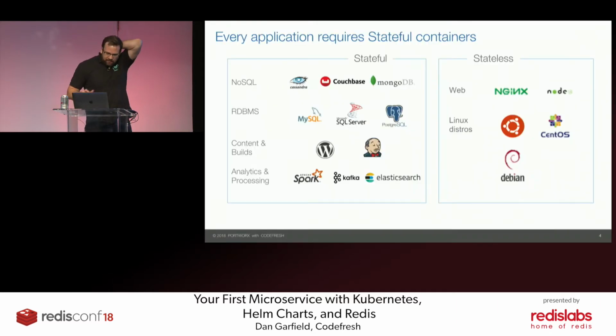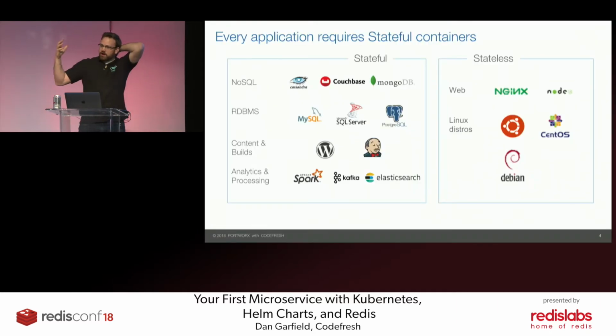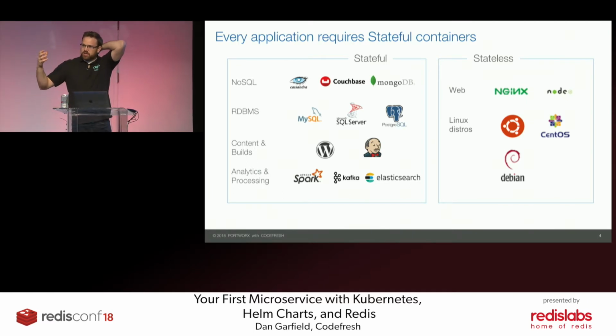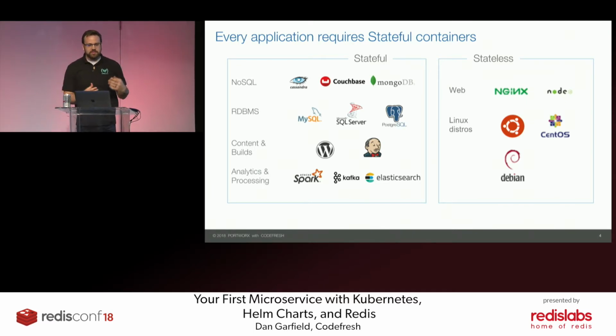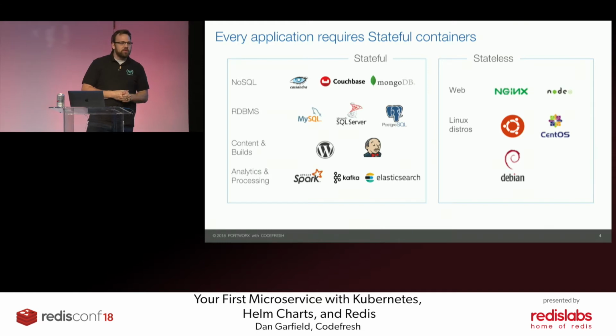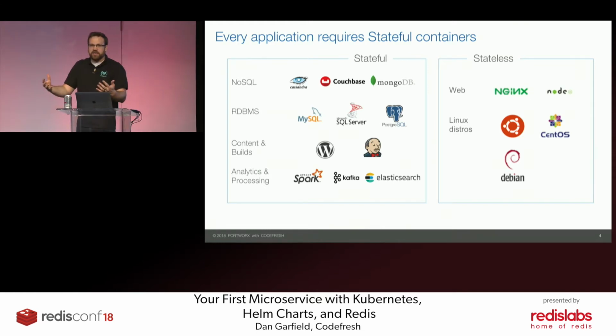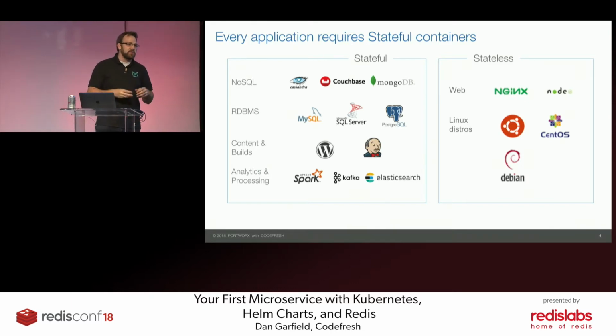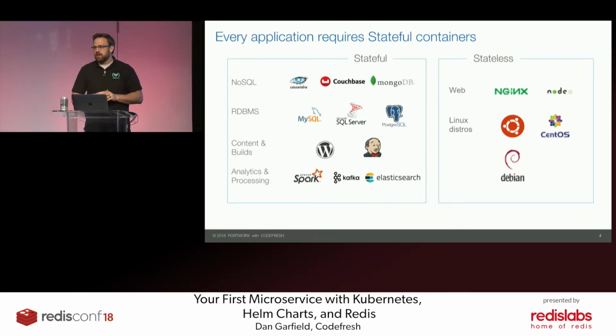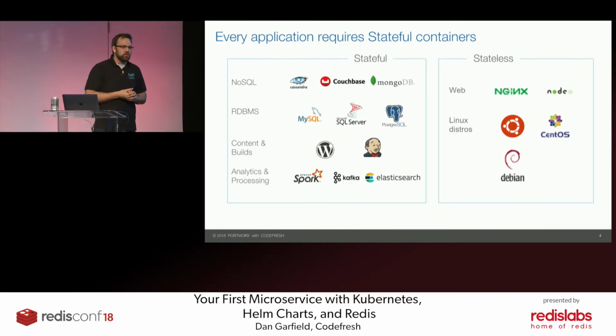So every single application out there requires stateful containers. It's always the case. You might have some stateless stuff like Nginx and Node, but even those things have some state. I mean, you have a session, right? You have a pod status, but we don't think of them as stateful in the sense that a database is, that they're going to restore with anything.